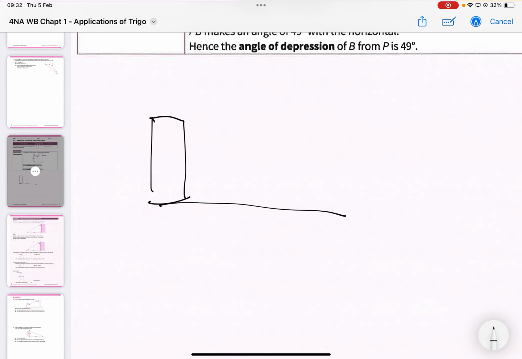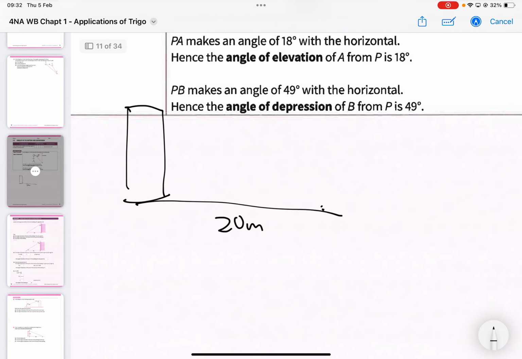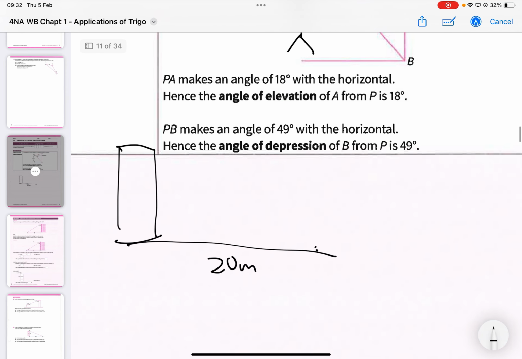Then if someone is like 20 meters away, looking upward at the top of the building, we will call this angle of elevation. It is measured against the horizontal. This angle here is the angle of elevation.